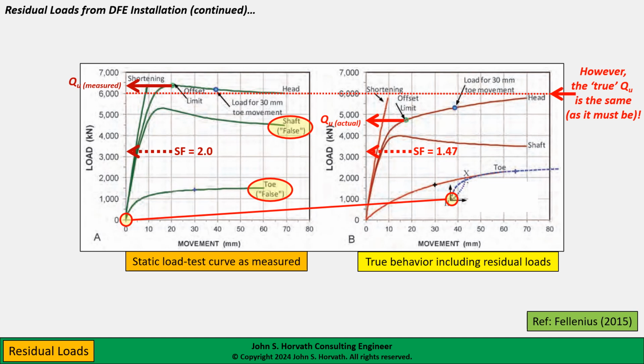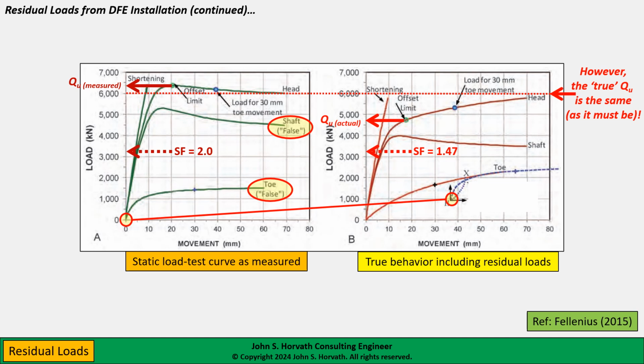However, the true geotechnical capacity, where we don't use an artificial methodology like the offset limit or this 30 millimeter toe movement criterion, where we just look at what happens after we have tens of millimeters, several inches, in this case more than 3 inches of displacement of the head of the DFE.